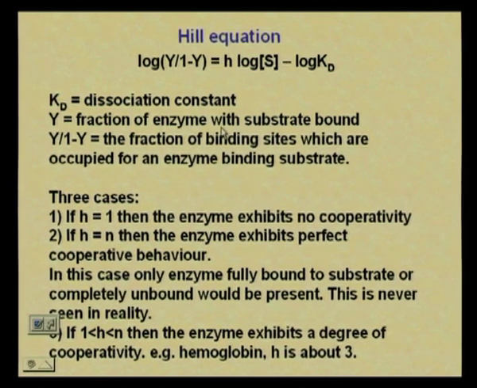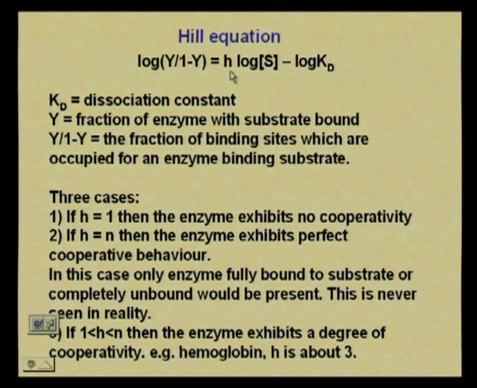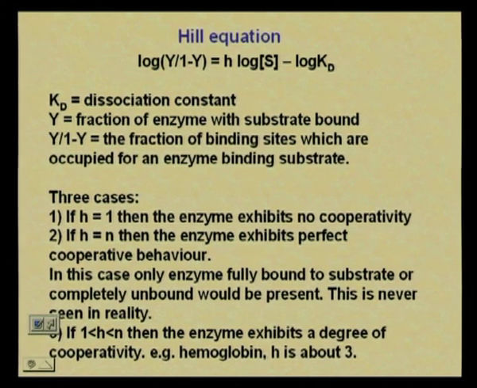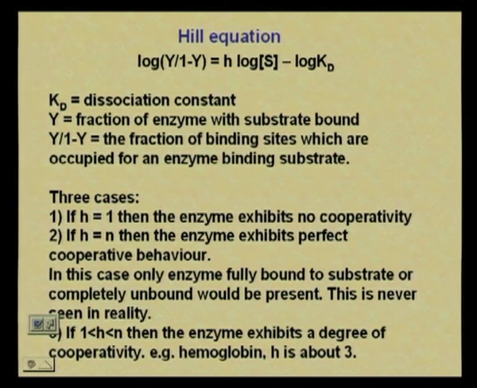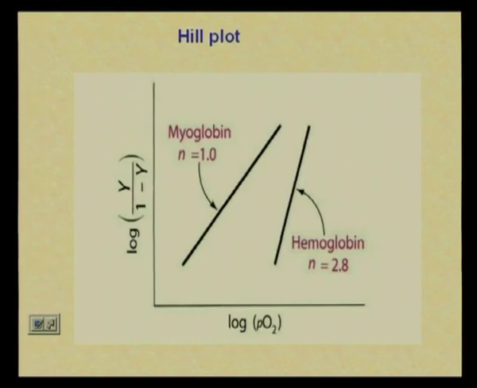So, what do we expect the Hill coefficient for myoglobin to be? 1. Because there it is equal to N, there is only one site. But for hemoglobin, we expect it to be less than 4. Why? Because there is cooperativity. That is exactly what happens. What is our measure for S?